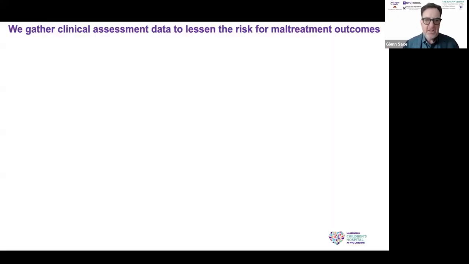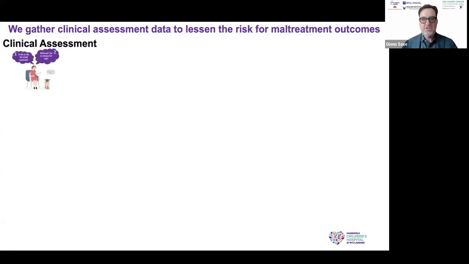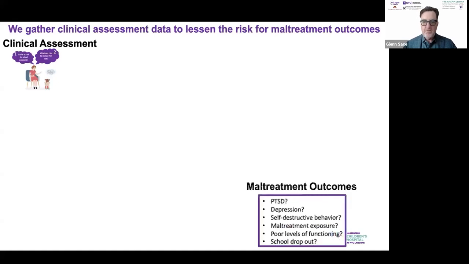So a general principle: we gather clinical assessment data to lessen the risk for maltreatment outcomes, and if we decide there is a risk, intervention. So we start with clinical assessment. We get to maltreatment outcomes. This is a long way to get there. How do we get there? Well, we have to make clinical decisions. So how does this fit together?